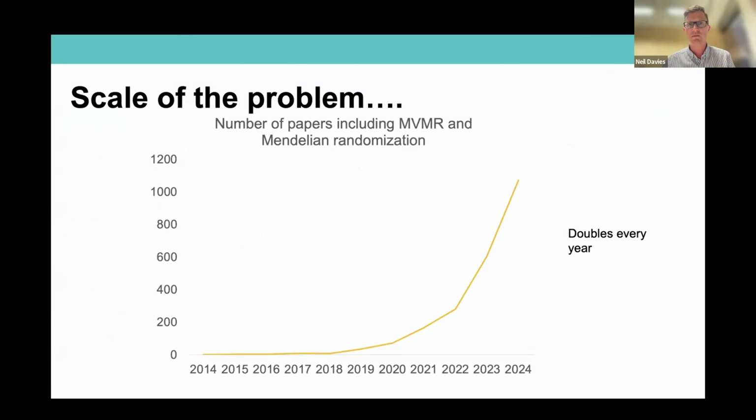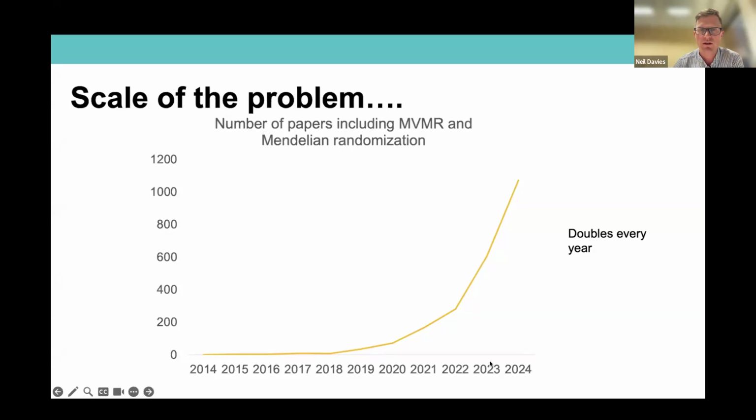As I'm sure many of you are aware, there's been a huge increase in the number of Mendelian randomization papers. The ease at which we can conduct Mendelian randomization studies today, especially with two-sample methods and large databases, has resulted in a very rapid increase in the number of publications. And these are principally all applied papers.